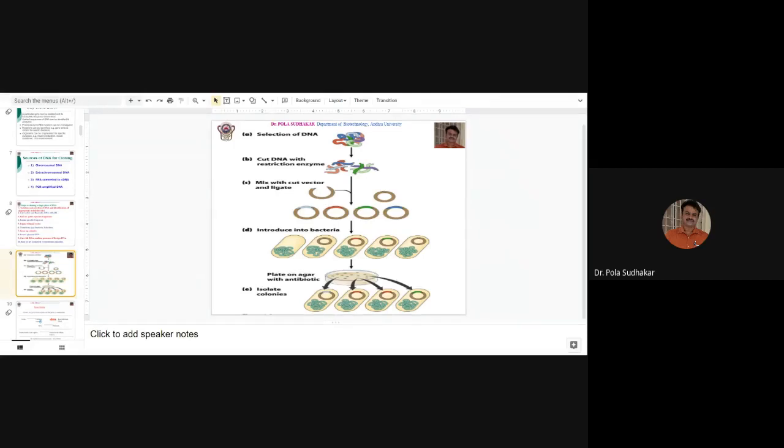For selection purposes, you have to use marker genes and reporter genes. Marker genes and reporter genes are the selectable genes. You have to tag these genes along with your desirable DNA in the vector construction for the selection of rDNA clones after transformation.